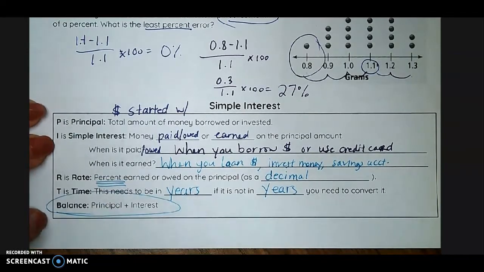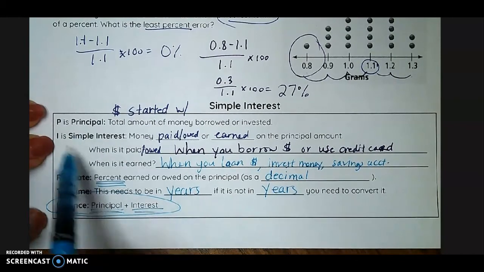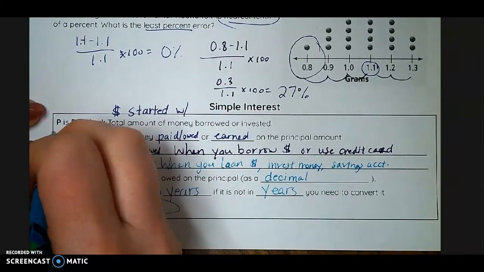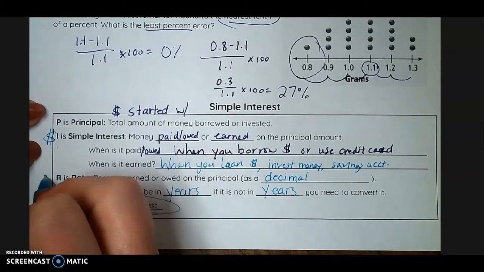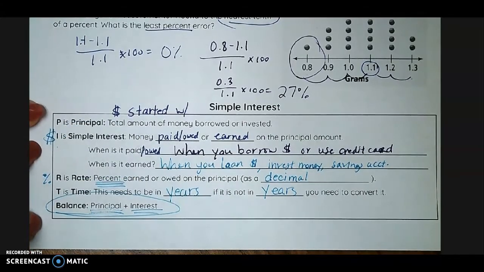The other formula we're going to use, and I'll show it to you here, is going to be my balance. My balance is how much money I have in my account. And that's going to be the principal amount, the original amount that I put in, plus the interest that I earned. And so this is my interest in dollars, and this is my interest in percent, if you want to think about it that way as well.